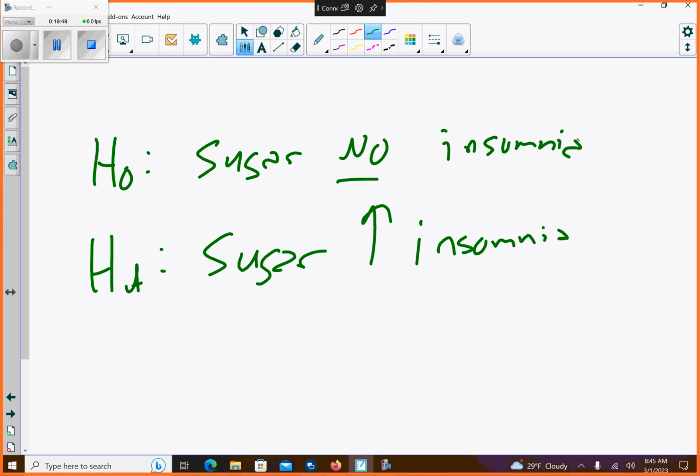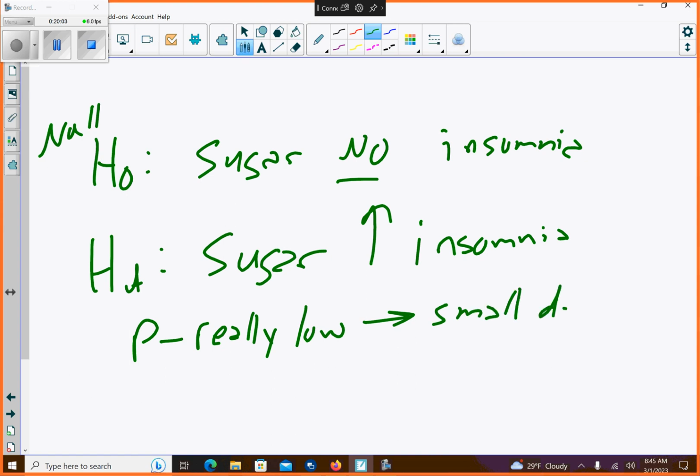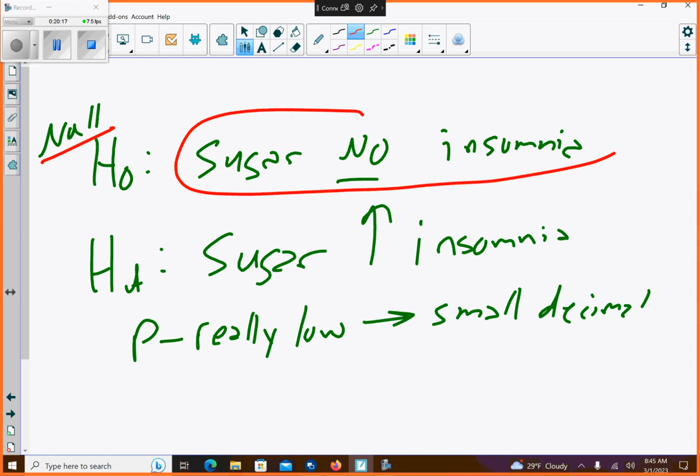Okay, so if our p-value is low, like a small decimal, if our p-value is very low, we reject the null. We find strong evidence to reject this. We say we're finding evidence that we are not going to accept that sugar doesn't affect insomnia.